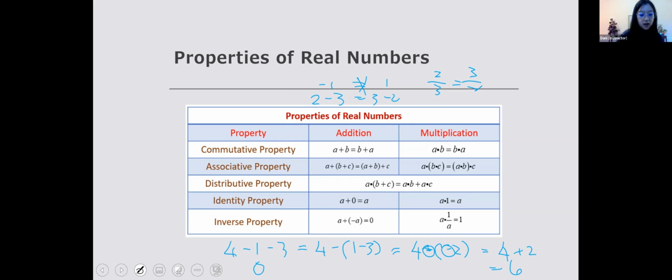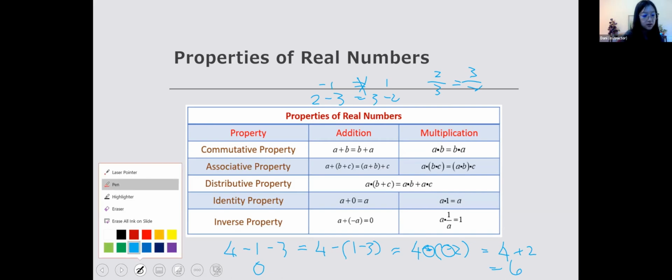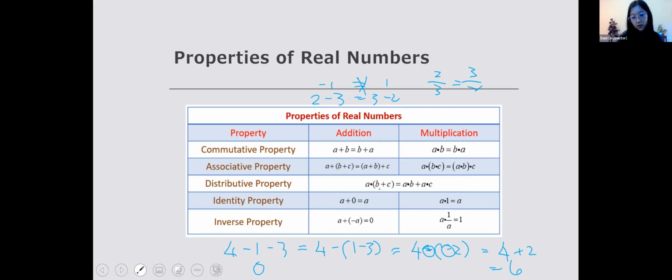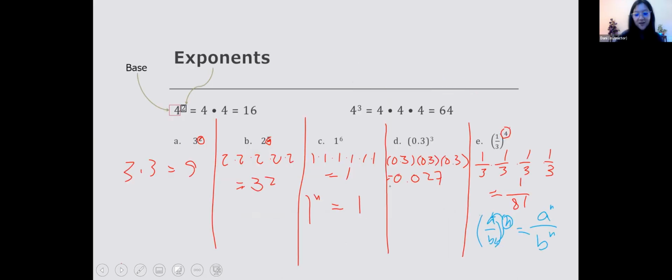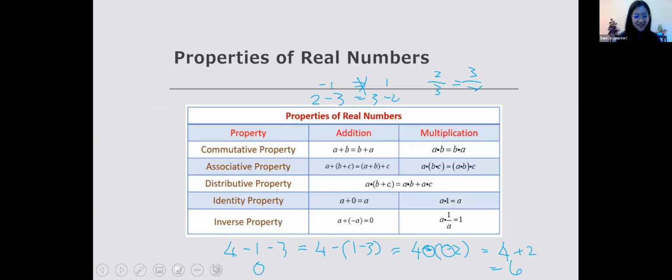So next up we have the distributive property. This is one of the most important properties. Essentially, you have numbers inside the parentheses and a number outside the parentheses. The number immediately outside the parentheses will be distributed onto each individual number within the parentheses.